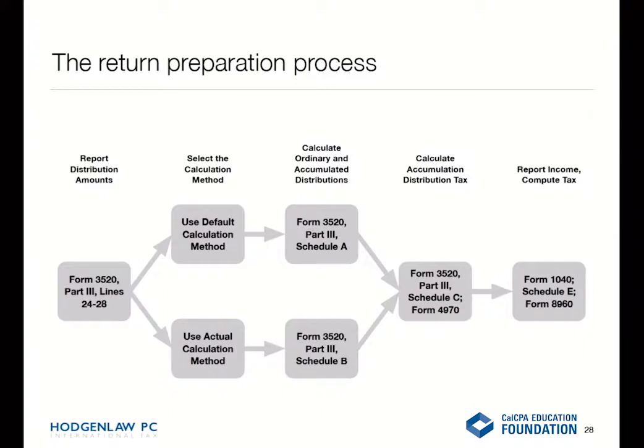You report the income on the Schedule E and in other places. If you have an accumulation distribution, that amount just flows into your tax return in the other taxes category. And then also a portion of a distribution could end up being taxable under net investment income tax on Form 8960.